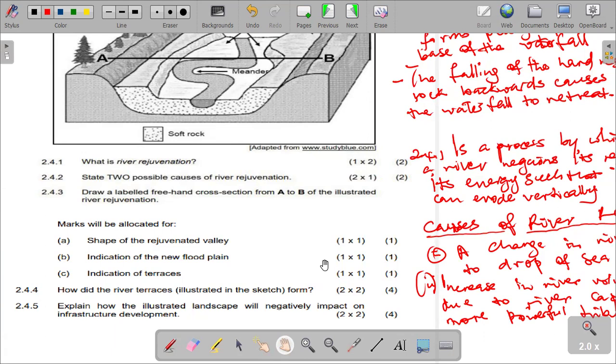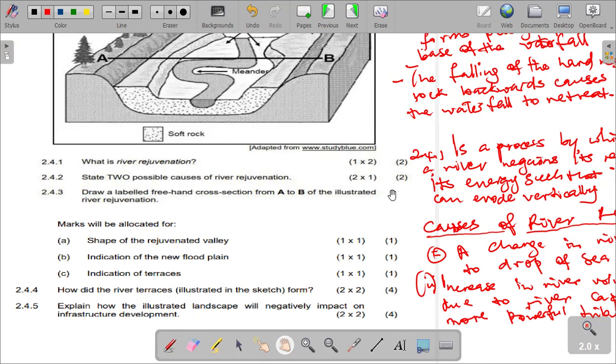So what we are saying is that we are supposed to understand that when a river rejuvenates, the energy is regained, and we need to understand those systems.